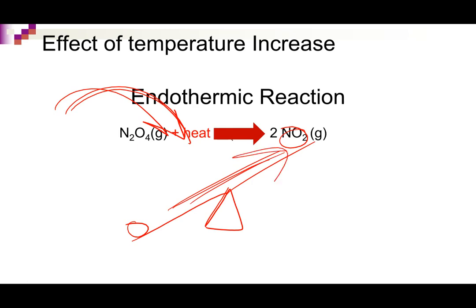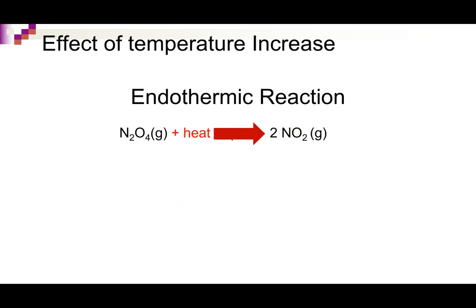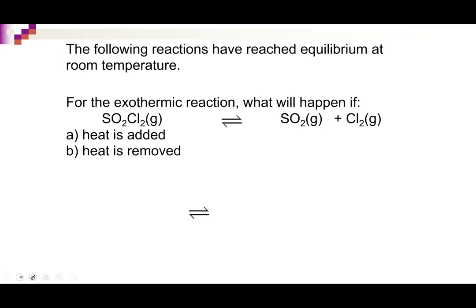Okay. So for endothermic and exothermic reactions, or for temperature changes in Le Chatelier's principle, you've got to place heat as a reactant or as a product, and then think about what temperature would do. Would it add or would it take away from that side? Okay.